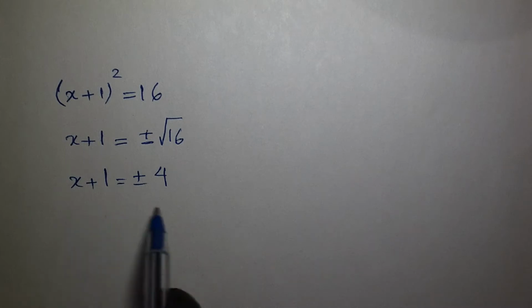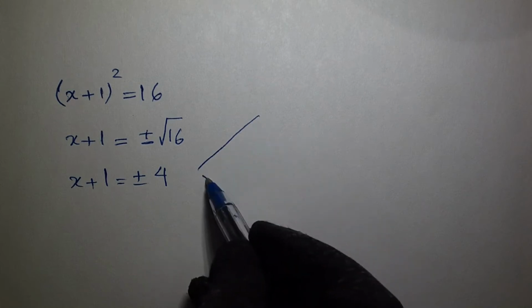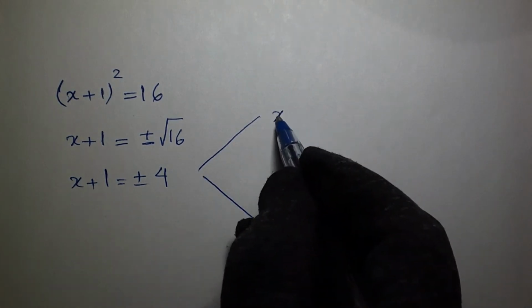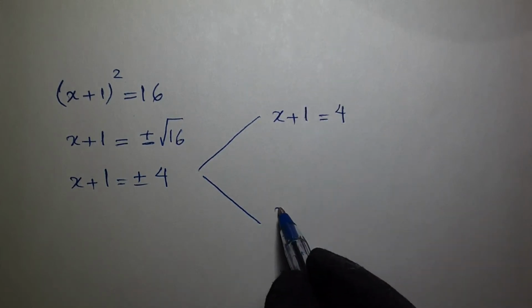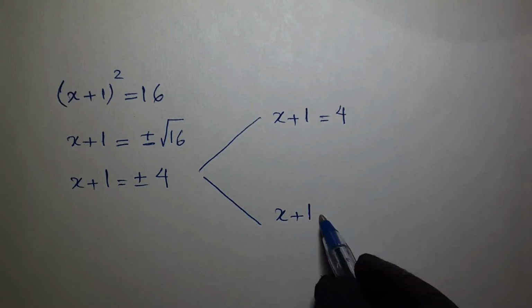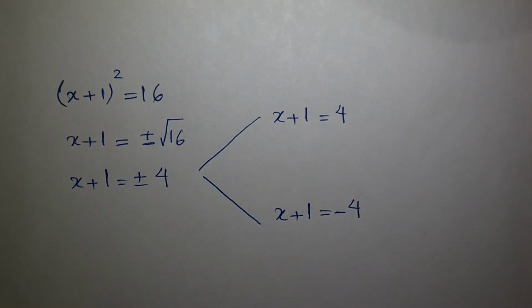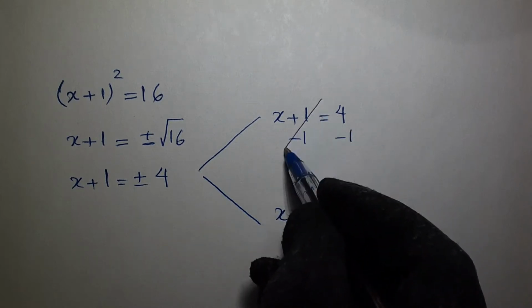What does this new equation mean? That means we have two simple linear equations. One of them is x plus 1 equals 4. The other one is x plus 1 equals negative 4. I can solve both of these equations.